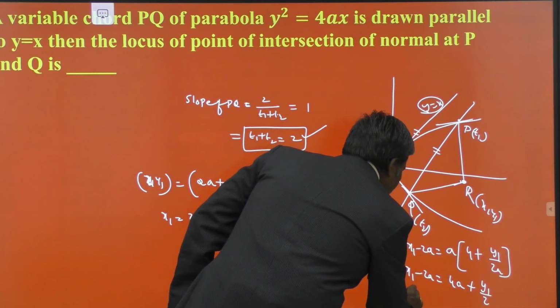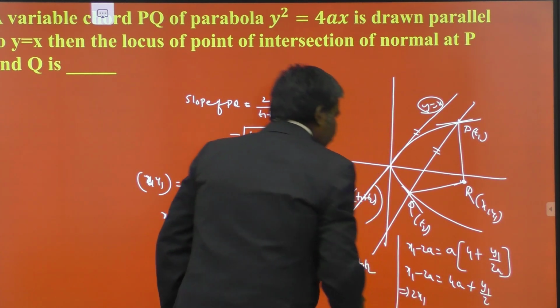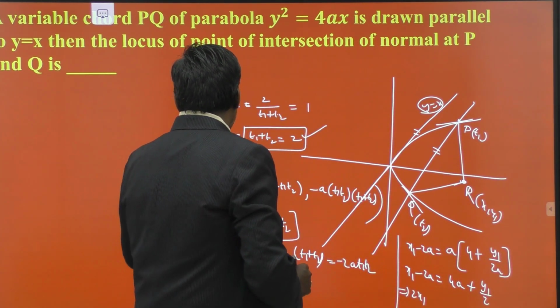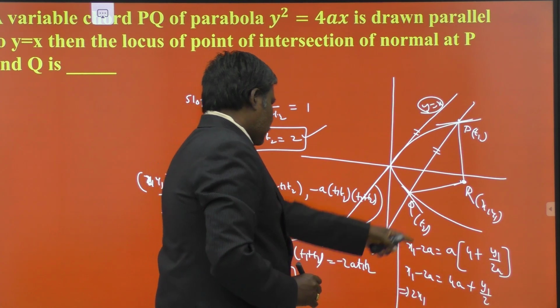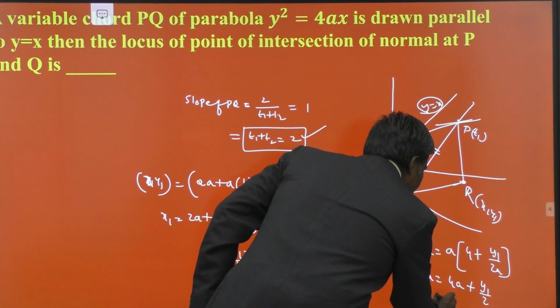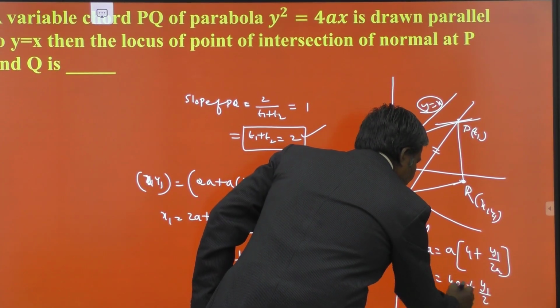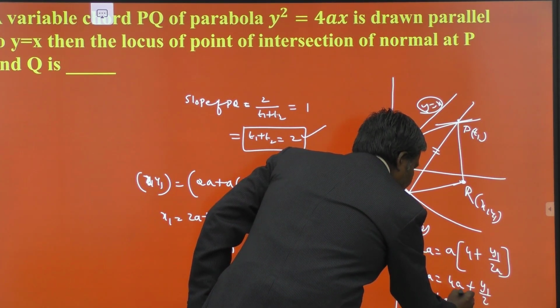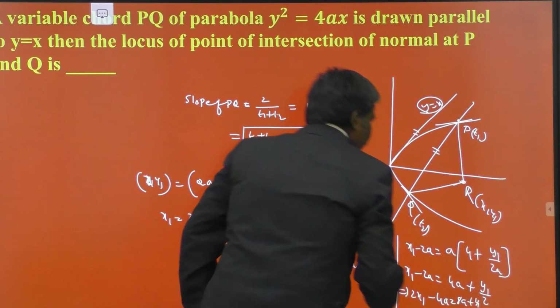So cross multiplying we get 2x1 minus 4a is equal to 8a plus y1.